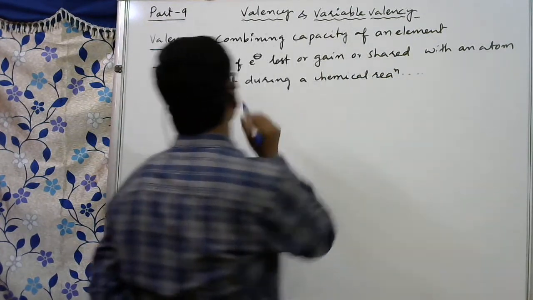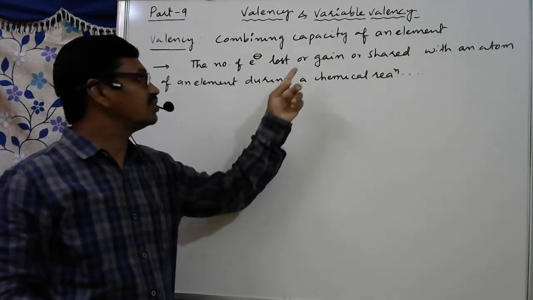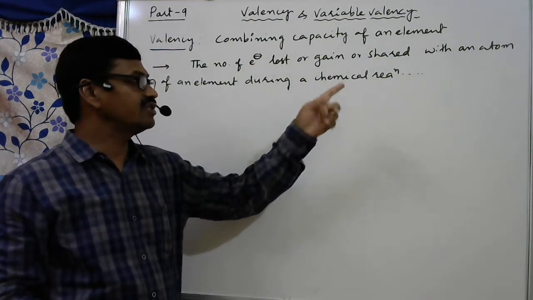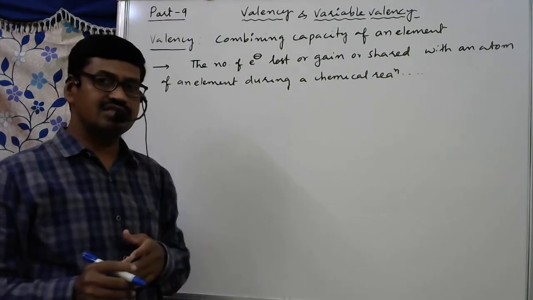It is the number of electrons lost, otherwise gained or shared by an atom of an element during a chemical reaction is called its valency.